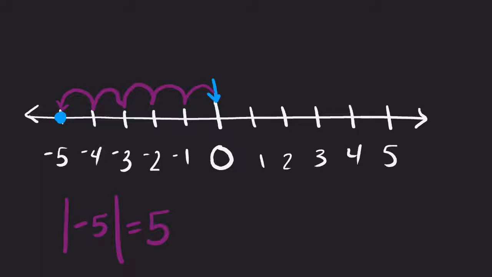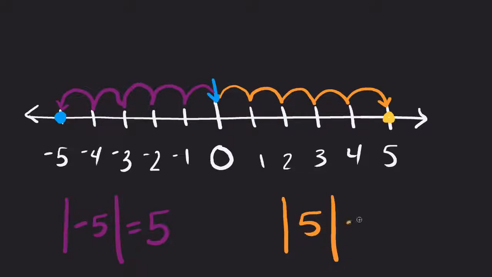Okay, well, let's take a look for the next one, which is, what about 5? Well, 1, 2, 3, 4, 5 steps away. So for the absolute value of +5, we still get 5.